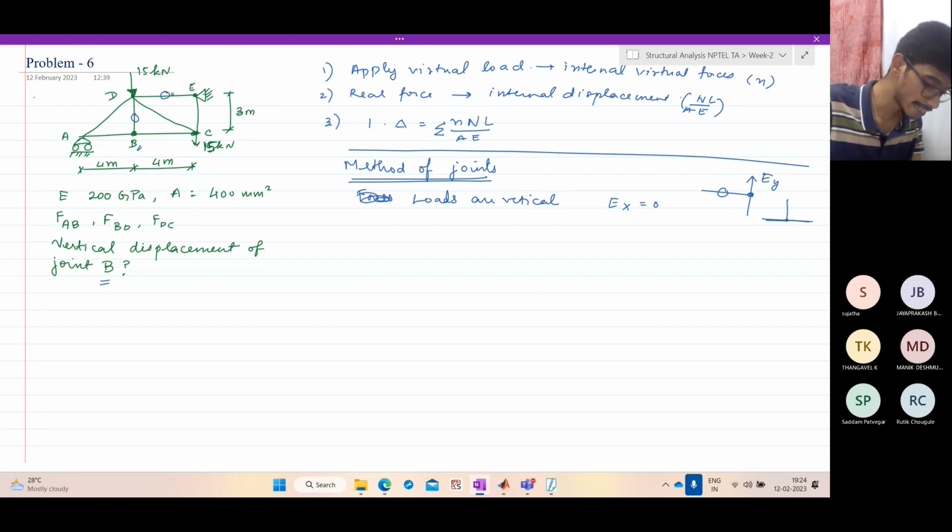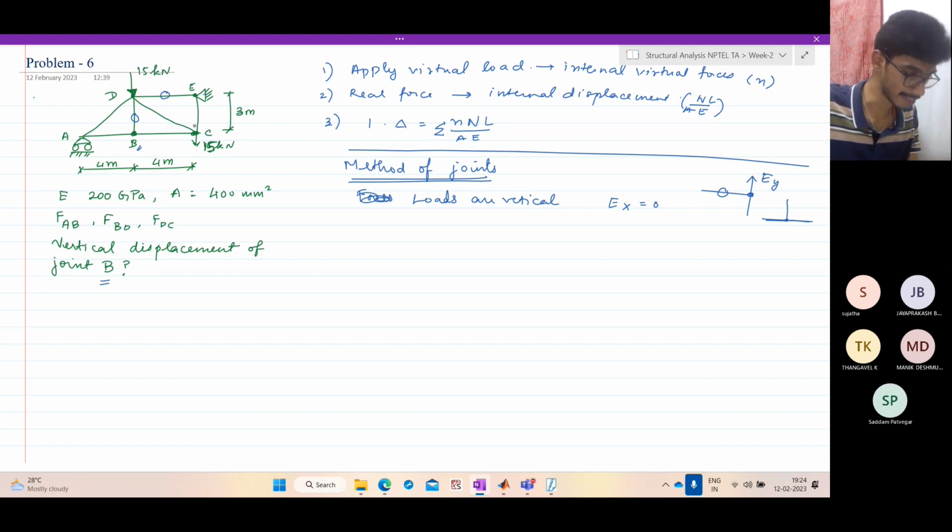Now, having identified these two zero force members, it is very simple. So this is 4 meters, 4 meters, 15 kilonewtons acts in the middle, and there's a 15 kilonewton load applied here. Let us determine the reactions first.